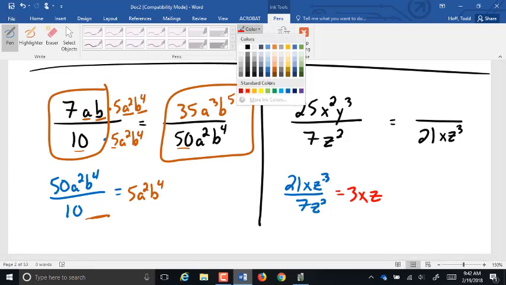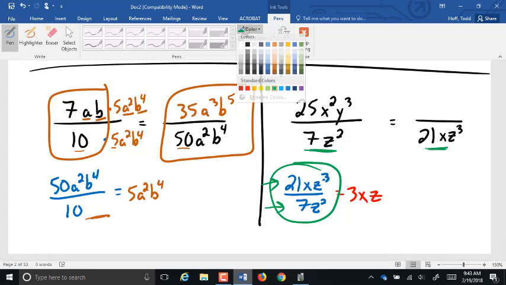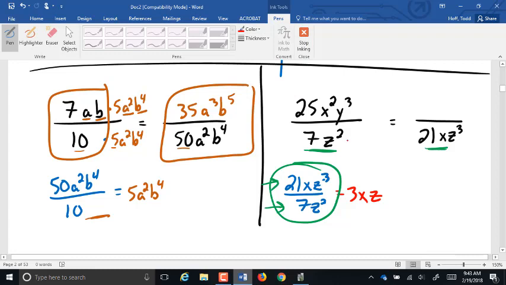Now first, I'm going to stop. Any questions as to where this came from? I just took the new denominator divided by the old denominator. So I'm multiplying by 3xz on the bottom and on the top. So on top, 25x squared y to the third times 3xz.